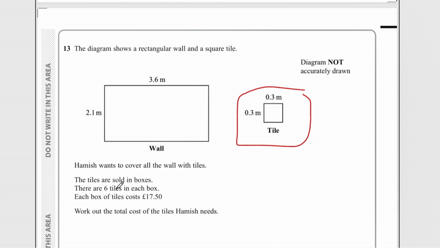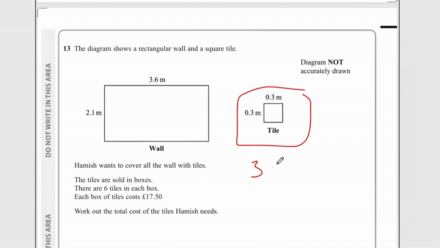We need to know how many tiles we're going to need for this wall, so the area of the wall divided by the area of the tile.